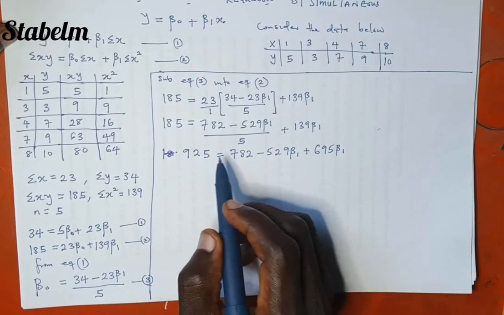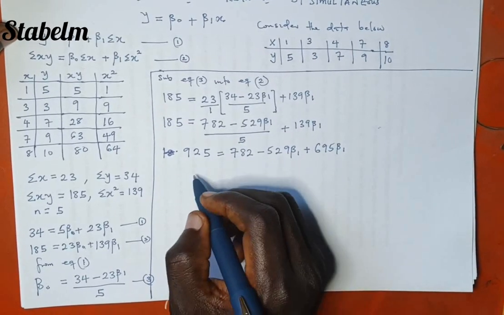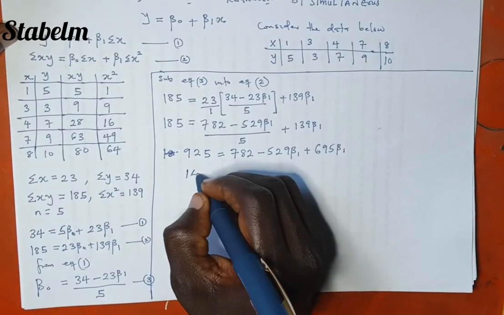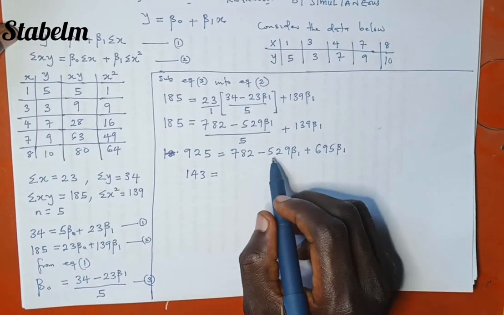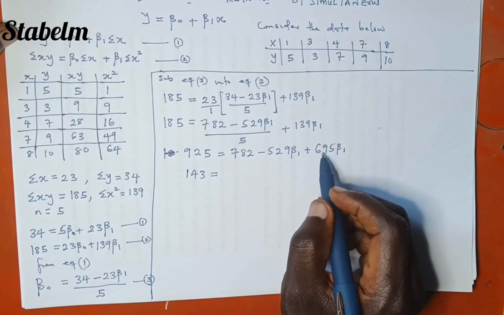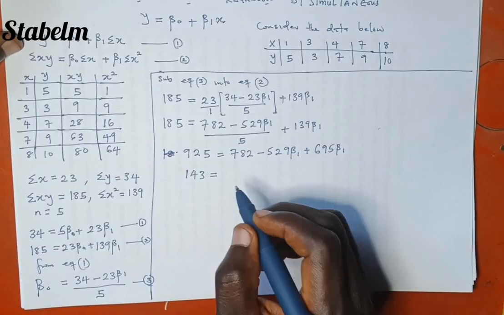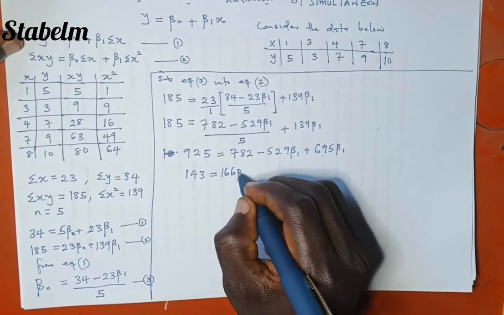Now if you take 782 out, we have 925 minus 782, so what will remain is 143, equals minus 529 beta 1 plus 695 beta 1. If you add it together, we have 166 beta 1.